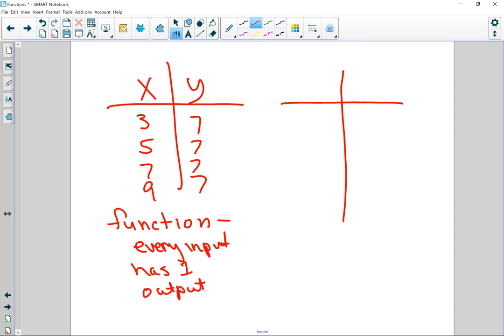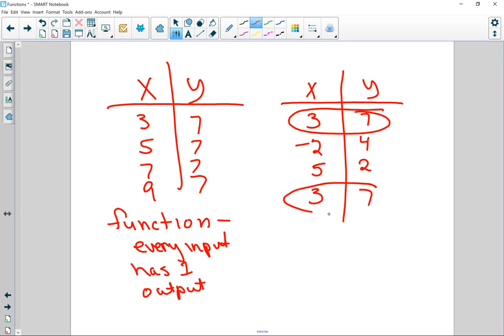Let's take a look at one more example using a table, and then you'll move on to your own practice. So here's my table, and here are my numbers. Take a look at this table. Is that a function or not a function? Well, I see that the input repeats, doesn't it?